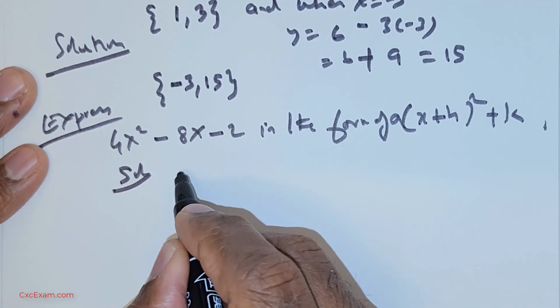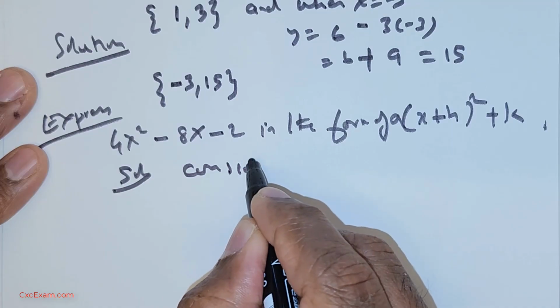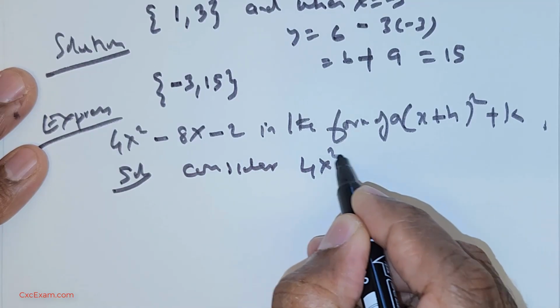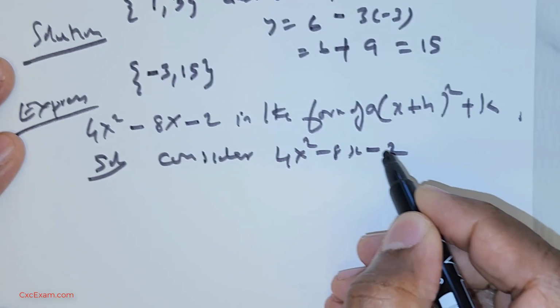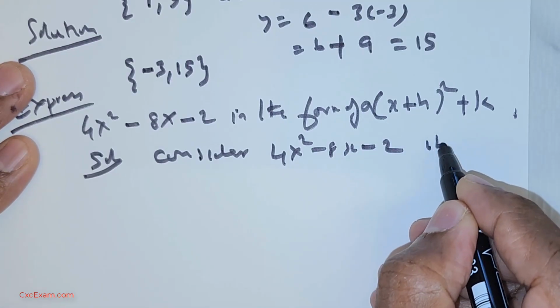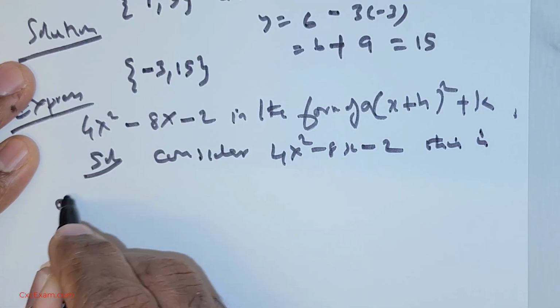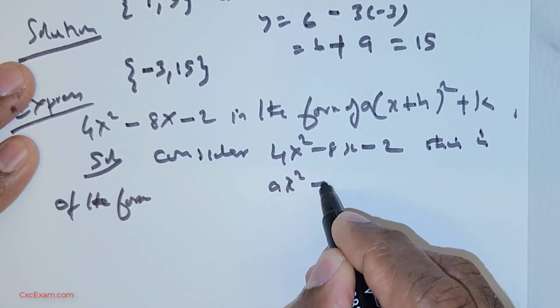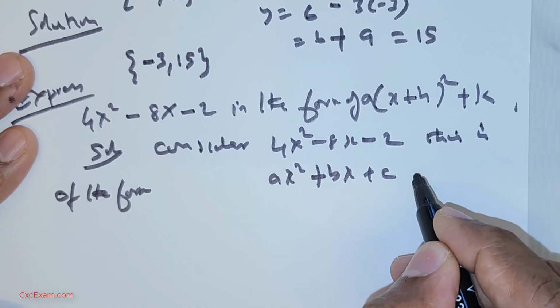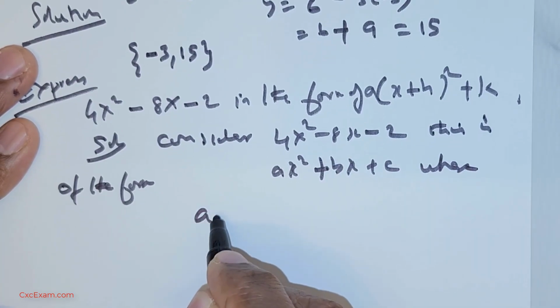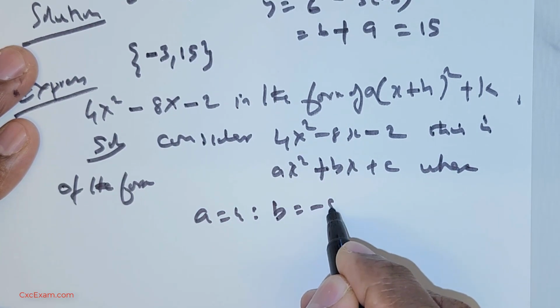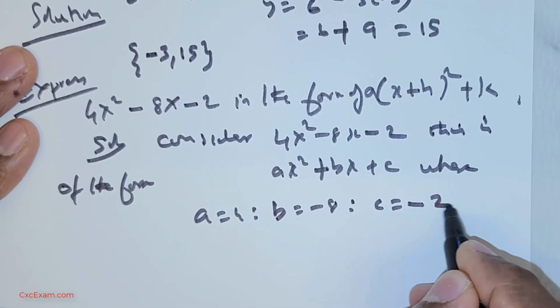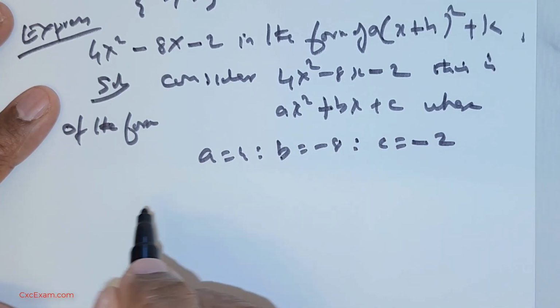Consider 4x squared negative 8x negative 2. This is of the form a times x squared positive bx positive c, where a is equal to 4, b is equal to negative 8, and c is equal to negative 2.